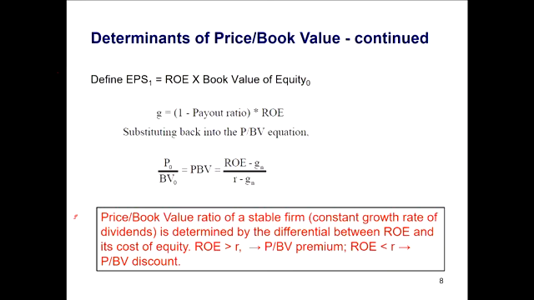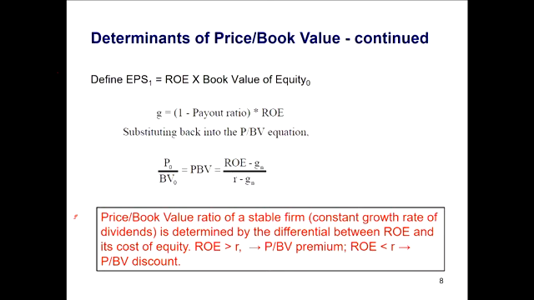If we understand that the company can only grow its dividends by successfully reinvesting, then the payout ratio or retention rate will be a part of the equation, and we plug this back into the equation. The price to book value ratio will be determined by the relative spread of return on equity and cost of equity, where G is the constant growth rate of dividends.